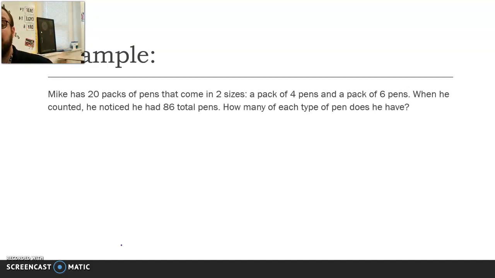So, we're going to go ahead and come up with our variables here. I'm going to use X and Y for this one. X is going to be for the 4 packs, the packs that have 4 pens in them. And Y is going to be for the 6 packs, the packs that have 6 in them.